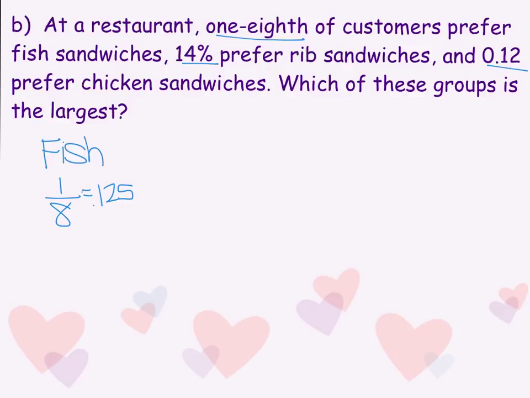Now let's take a look at our percent, our rib sandwiches. And that was 14%. Now again, I'm changing a percent into a decimal, so I want to think about Dr. Pepper. I'm going from a percent to a decimal, so I'm moving 2 places to the left.